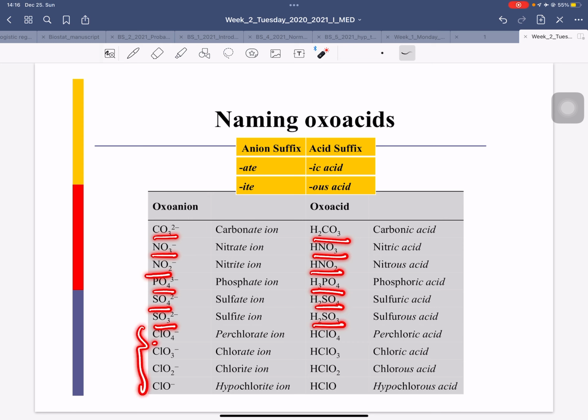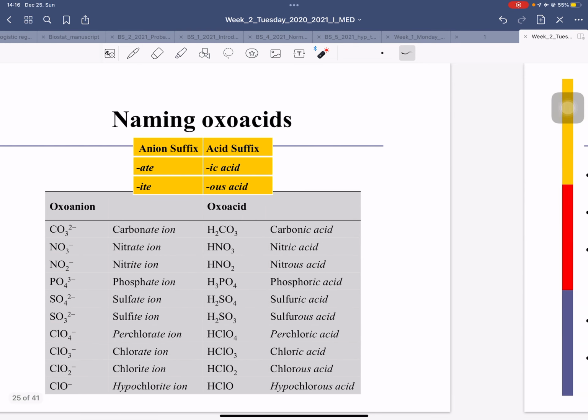Because we have four possibilities: perchlorate, perchloric acid; chlorate, chloric acid; chlorite, chlorous acid; and for the lowest oxidation number, hypochlorite becomes hypochlorous acid.